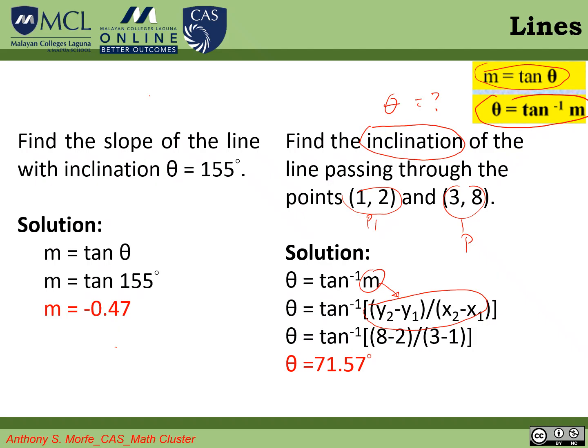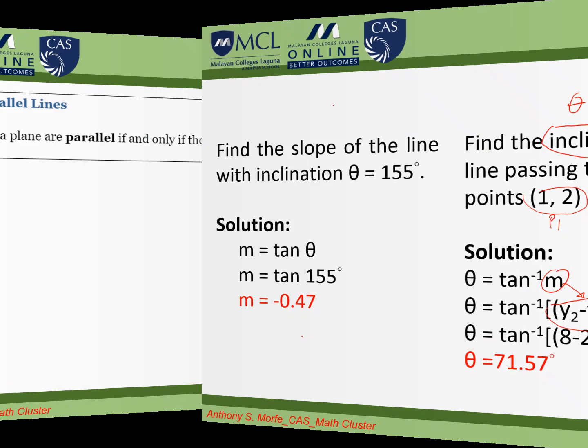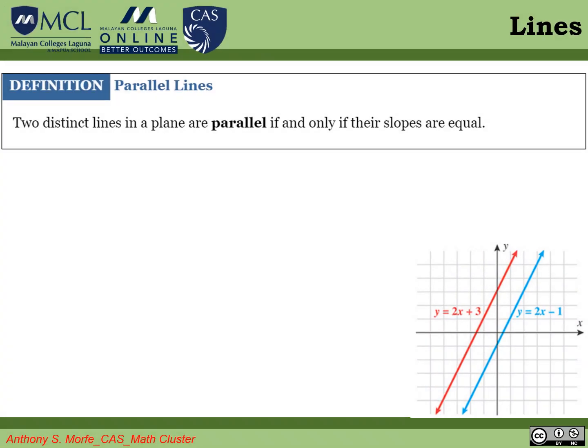Alright, so that's the two problems we have solved for this part, and then after that we talk about parallel and perpendicular lines. So I will go into details on this part of the lecture material, class, because last time we did it in a hurry since time was already up. So again, I'll repeat.